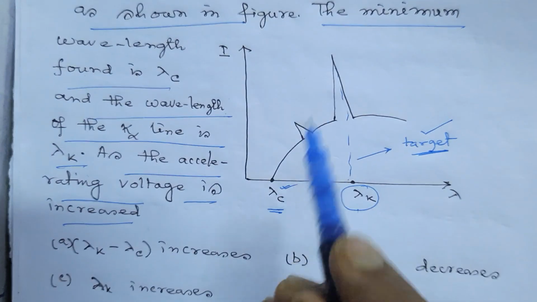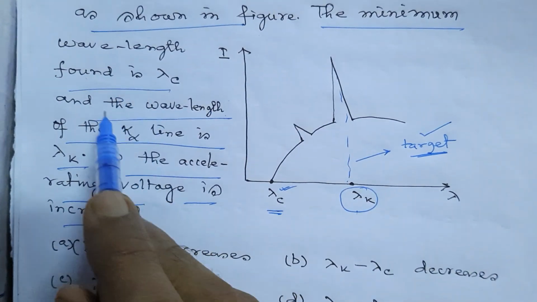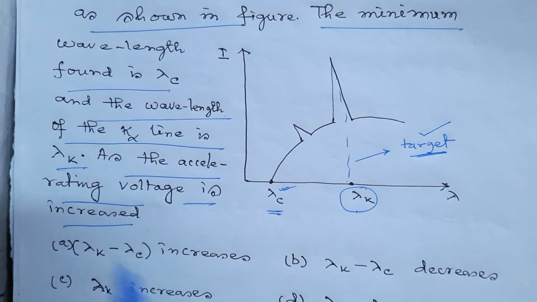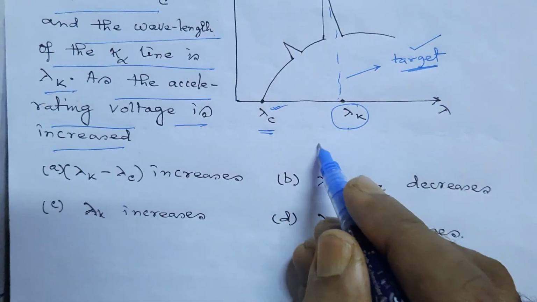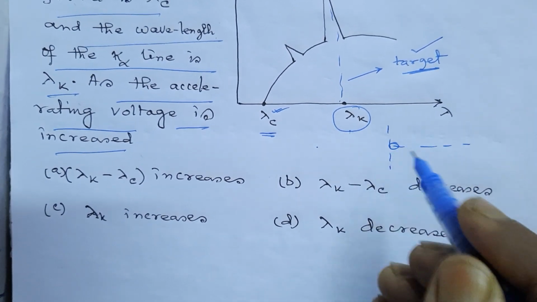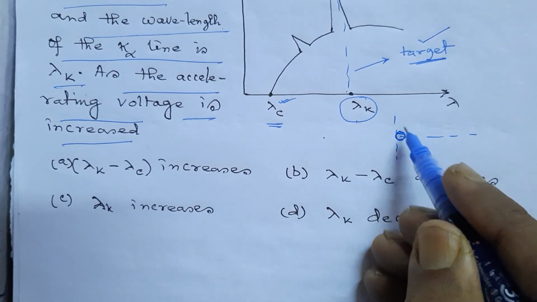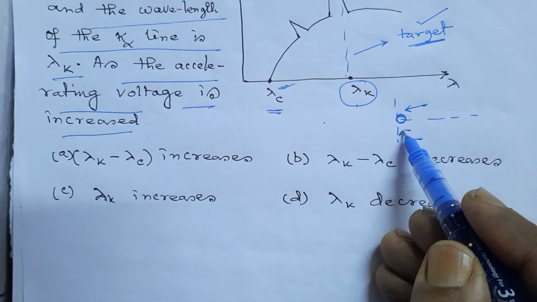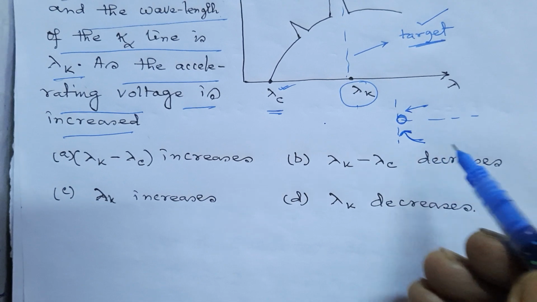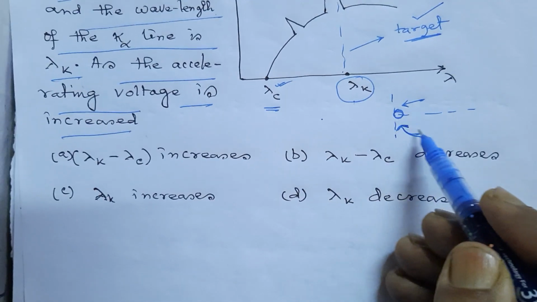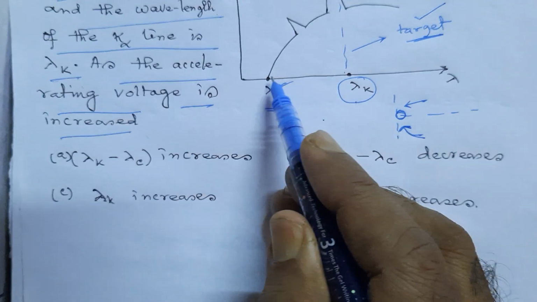But what is lambda c? Lambda c is the minimum wavelength. Actually, the electrons are accelerated to the target material, and the energy of the accelerated electron is converted into X-ray. When the whole of the electron energy is converted to X-ray, we get the minimum wavelength.